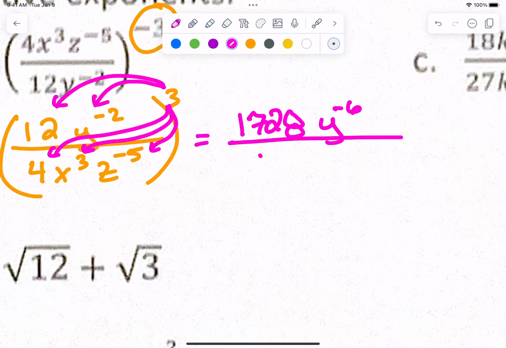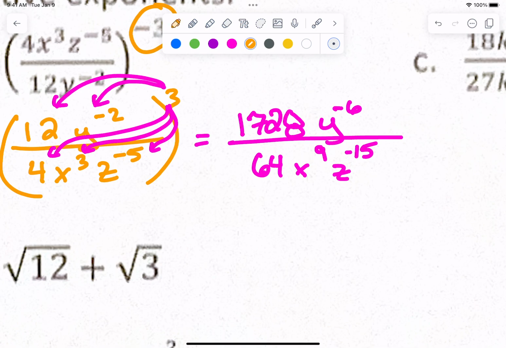You should know this. X to the 3rd, 6th, 9th. Z to the negative 15th.